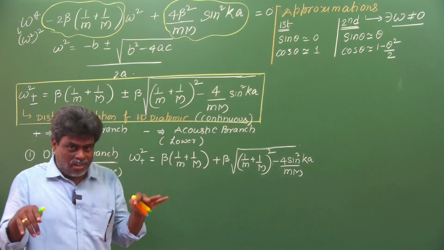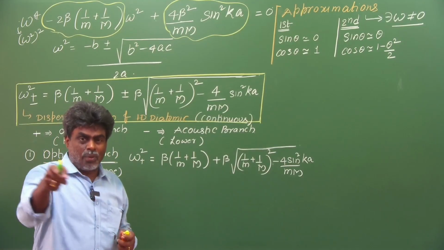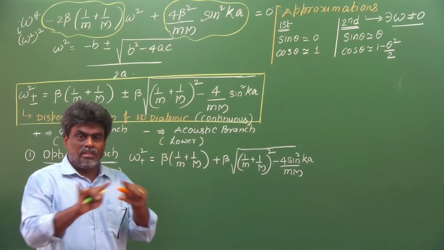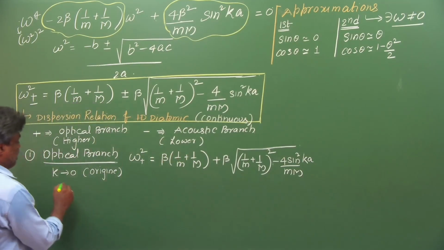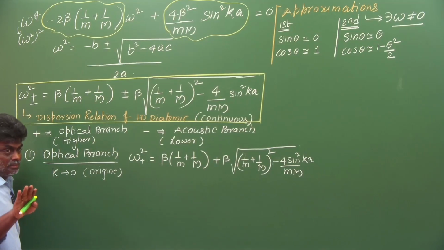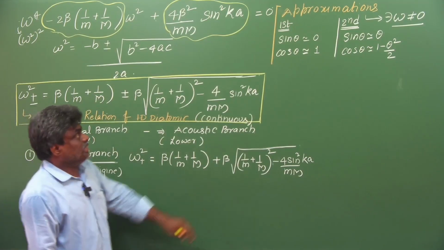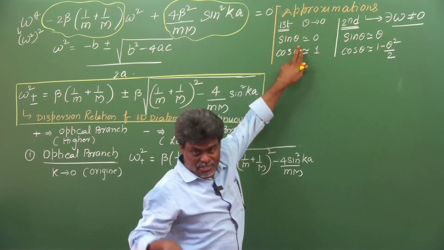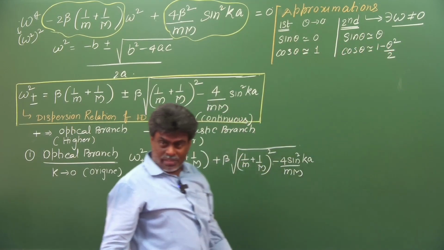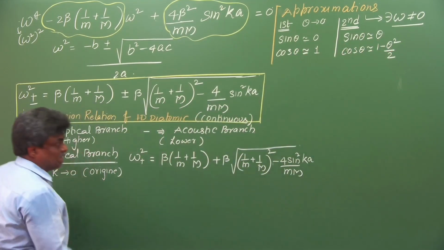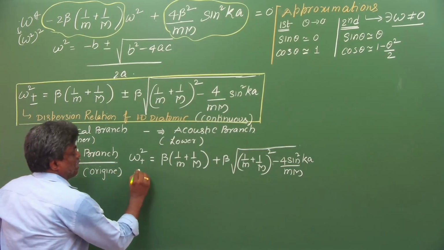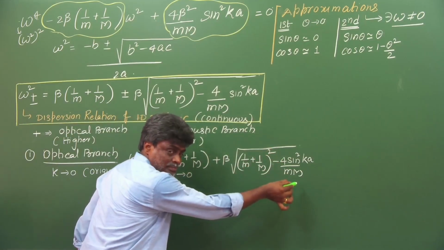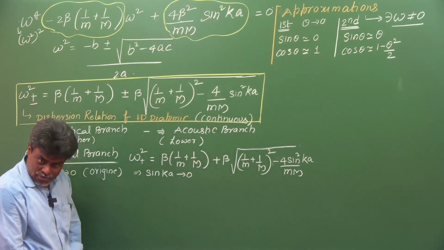I want to draw the graph, that's why I am always taking 2 points: one is the origin, another is the zone boundary. Sir already explained it is enough to study the first Brillouin zone. I am taking k tends to 0, so theta tends to 0. You can have sin theta 0 or sin theta equal to theta. First take sin theta equal to 0. So k tends to 0 implies sin ka tends to 0. Then will your frequency be 0?